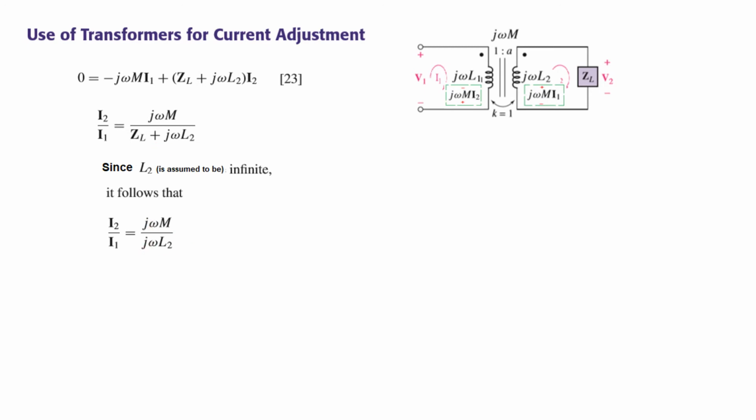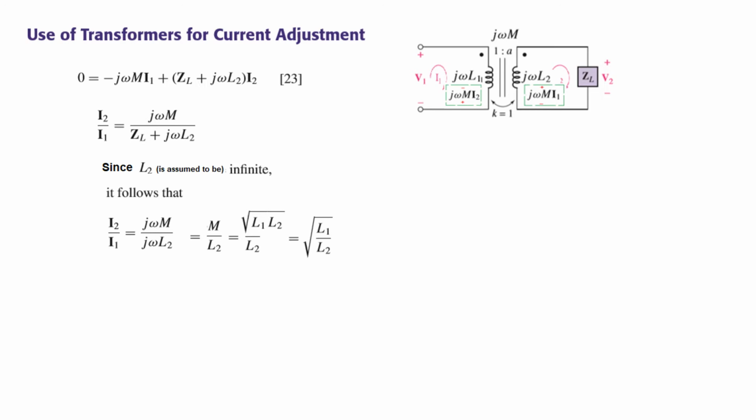Now we cancel jω, so it becomes M over L2, and we have learned earlier that M is equal to the square root of L1 L2 when k is equal to 1, and then by simplifying we get it to be the square root of L1 over L2.